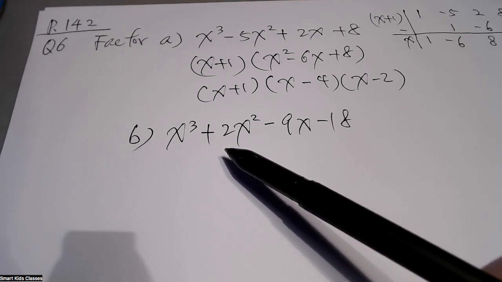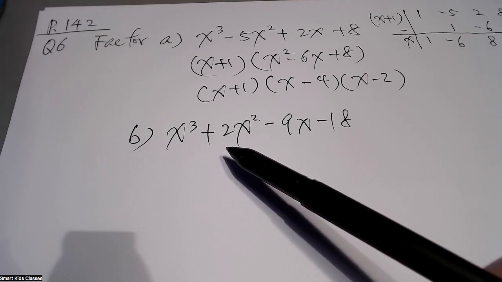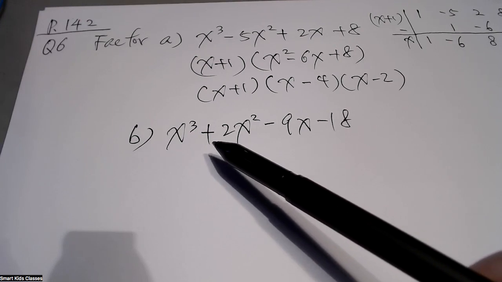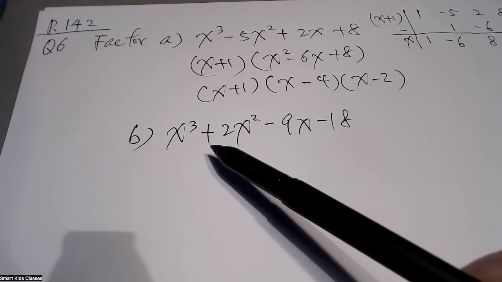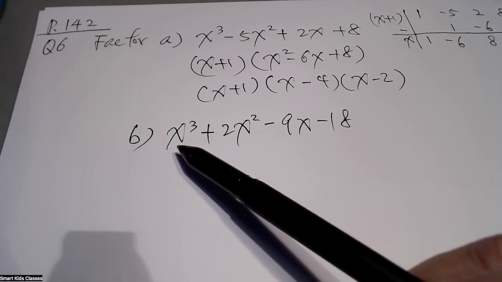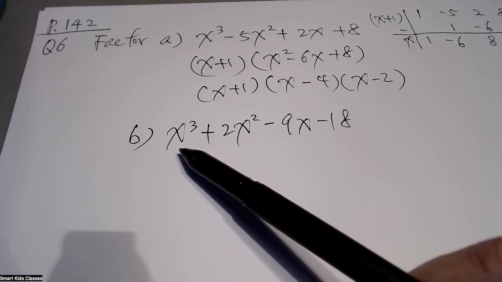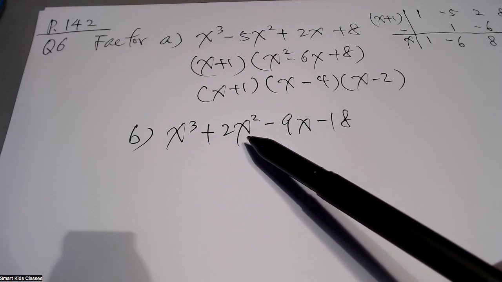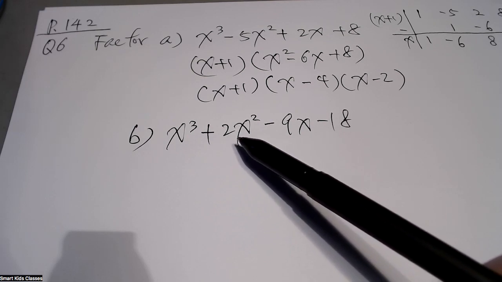How about 2? Does 2 work? Let's try positive 2, not work. Let's try negative 2. If negative 2, we're going to have a negative 8 here, and we are going to have a positive 4 here.